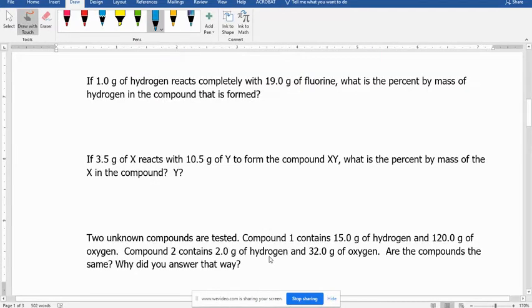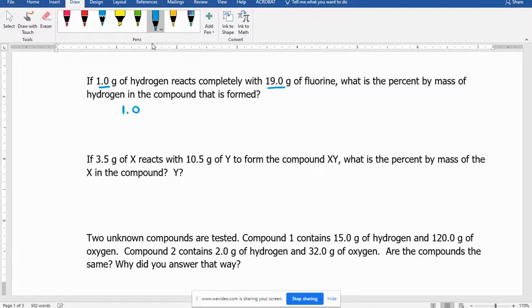Our next problem here, we're given hydrogen. They're giving us the amount of that, and they're giving us the amount of fluorine, and they're asking us what percent by mass the hydrogen would be in that compound. So here they've given us the two parts, but they haven't given us the whole. So what we can do is take these two parts and add them together, and that'll give us our whole. So we're trying to figure out for hydrogen here.